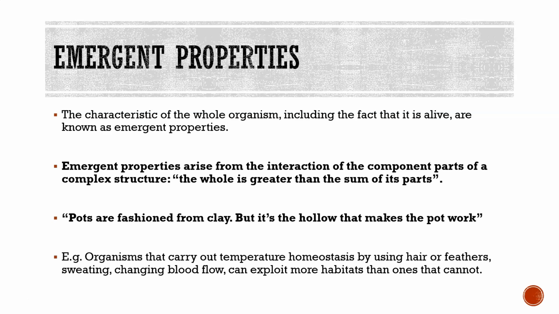So organisms that carry out temperature homeostasis by using hair or feathers, sweating, changing their blood flow, can exploit more habitats than ones that cannot change their temperature. Okay, so by having different factors, you can get different outcomes.